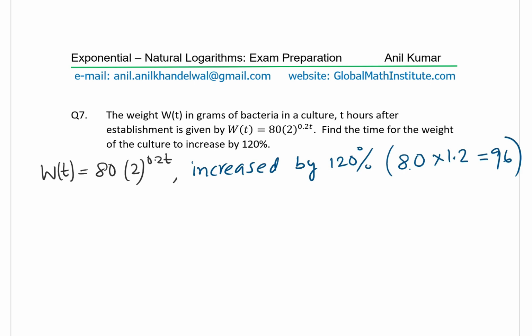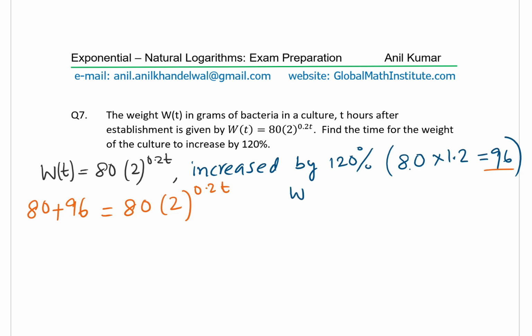So after increasing, the weight will be how much? In this case, increased weight will be 80 plus 96, right? That equals 80 times 2 to the power of 0.2t, because the net weight will now be plus 96, correct? So that is important to understand.